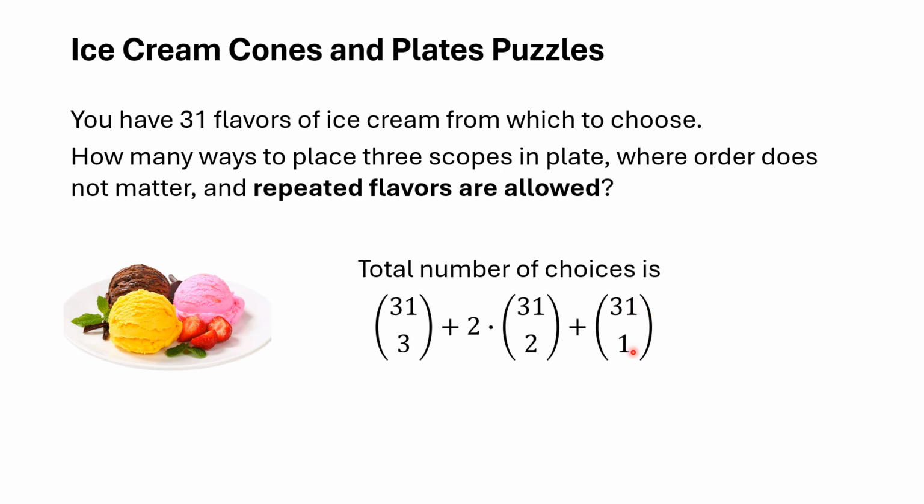So that's 31 choose 1. And n choose 1 in general is n, and 31 choose 1 is a particular case of that. So this is just 31 as you would expect. You just pick one of the 31 flavors and you get 3 scoops of that. So you need to add all 3 of these together to get the total number for the question asked here.